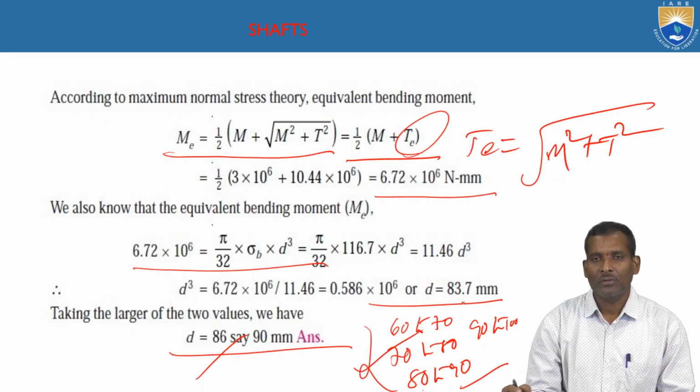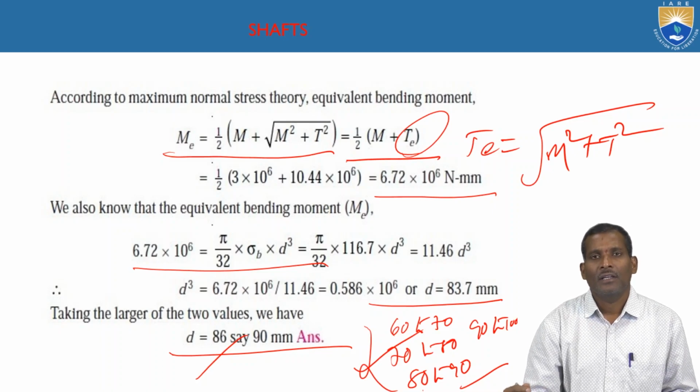The value is 90 mm. Like this, we need to calculate when shafts are subjected to bending moment and twisting moment by using these two theories: one is the maximum shear stress theory, another one is the maximum normal stress theory.